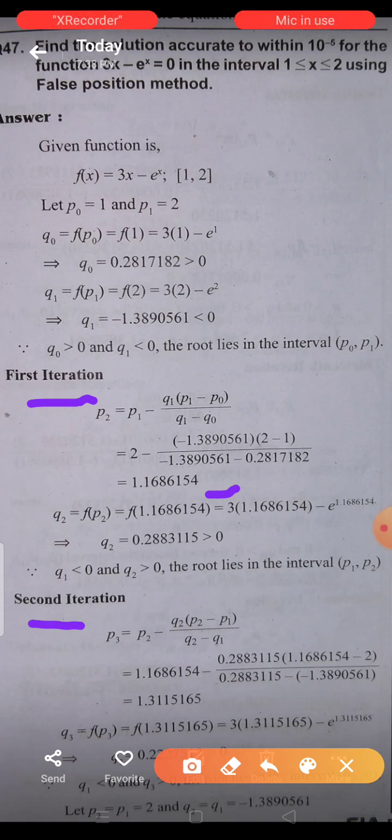Second iteration. P3 is equal to P2 minus Q2 into P2 minus P1 by Q2 minus Q1.